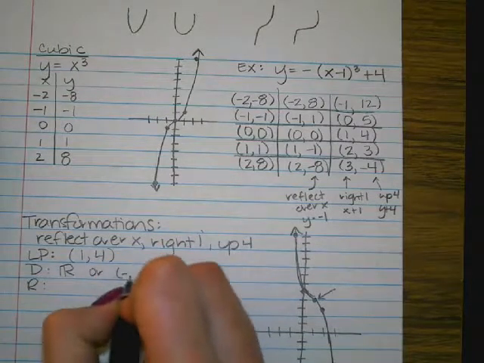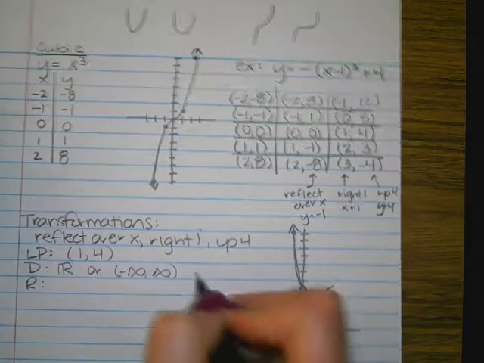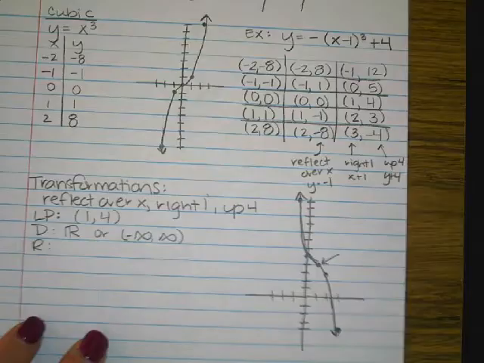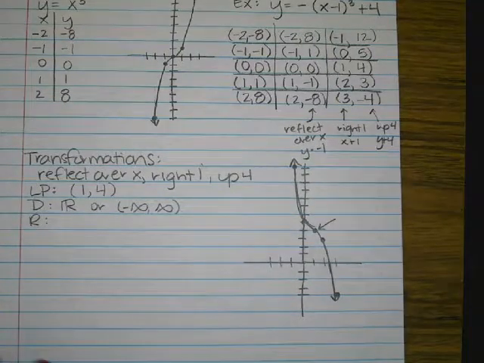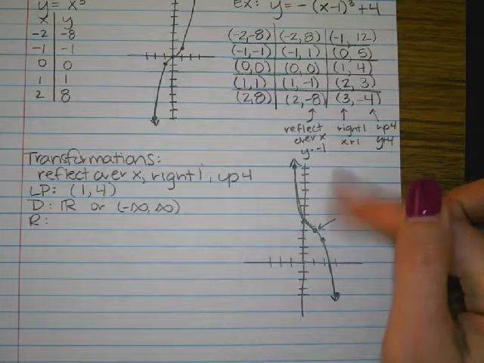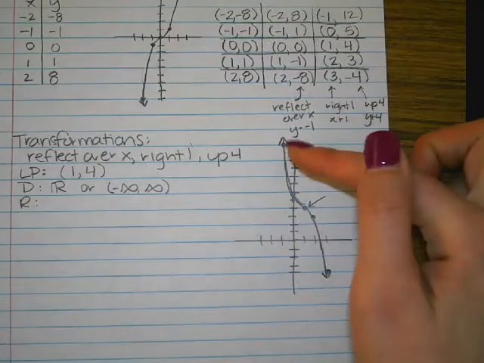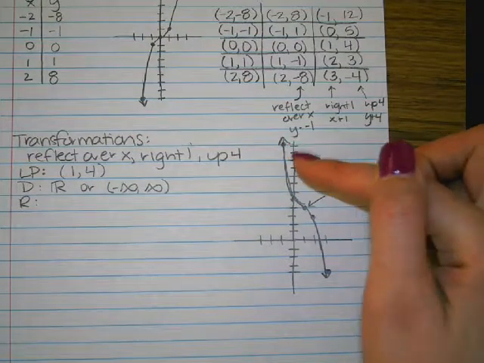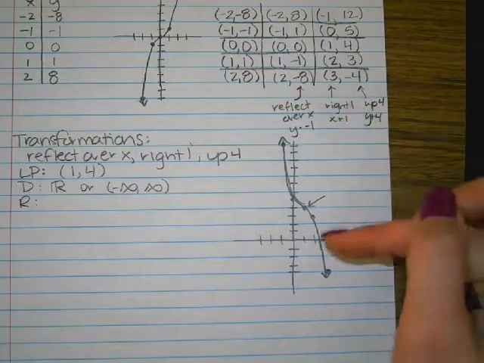What kind of graphs have all real for range? Graphs that have all real for range are going to be graphs like this one, for instance. So when you have all reals for the range, it means that every single y value is being touched by the graph. So if you look at this picture right here, I can see that all these positive y values are being touched. And I can see there's an arrow that goes up. So that means that every single positive y value I can think of is always going to be there.